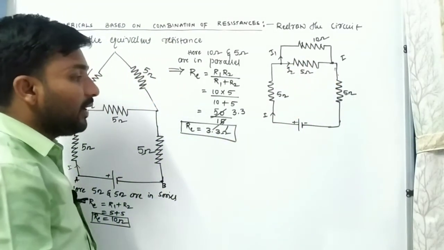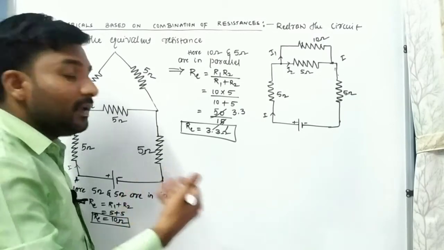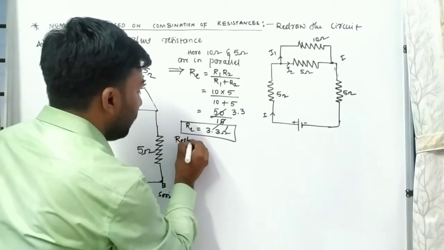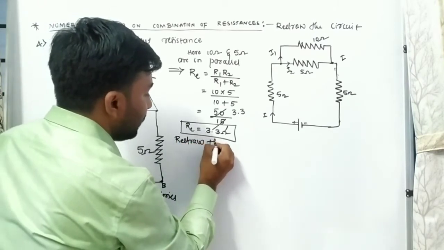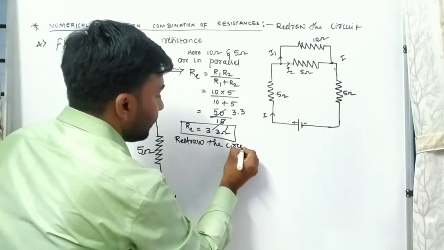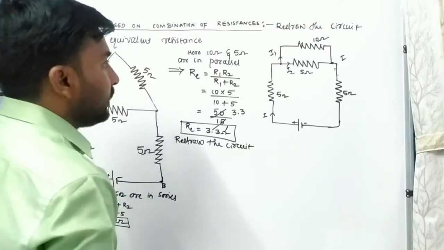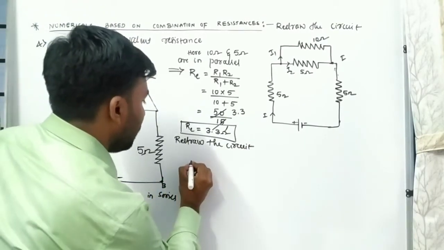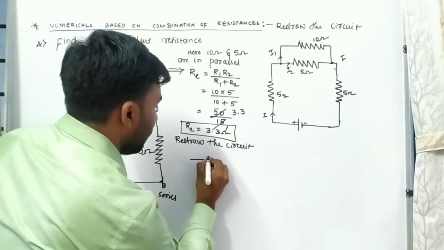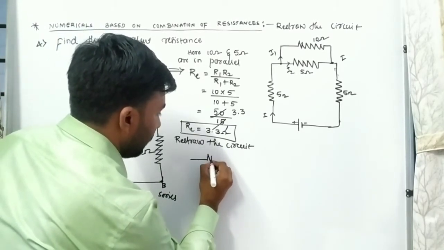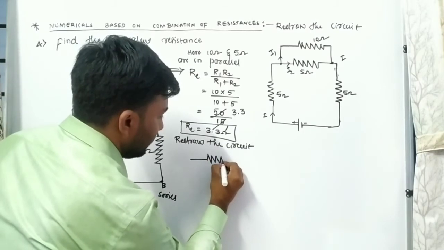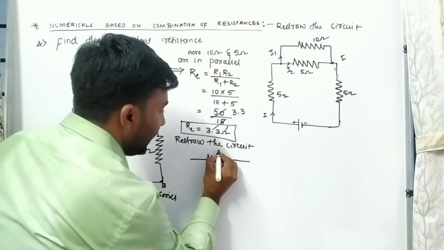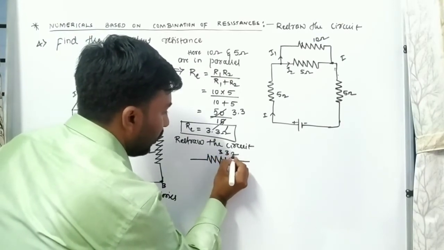Now again what we need to do? We need to redraw the circuit. Redraw the circuit. So here the resistance 3.3 ohm.